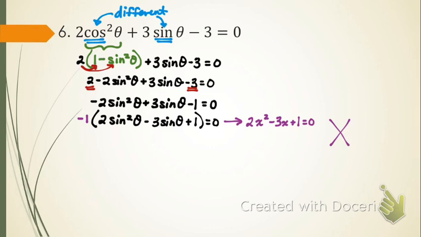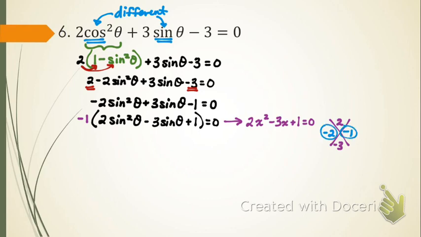How would I factor 2x squared minus 3x plus 1? I need two numbers that multiply to 2 and add to negative 3. What are those two values? Negative 2 and negative 1. Thank you.